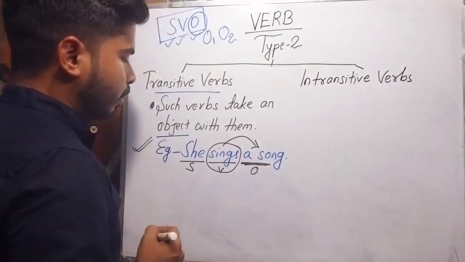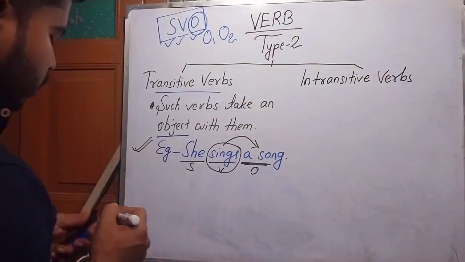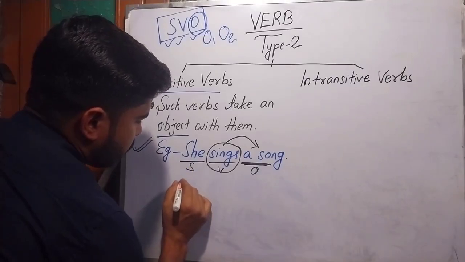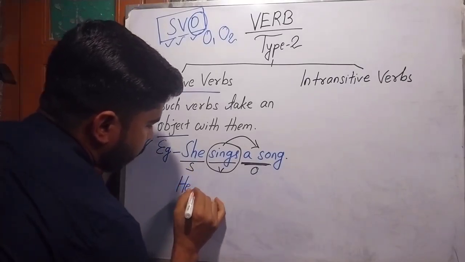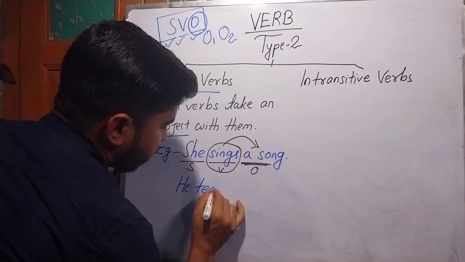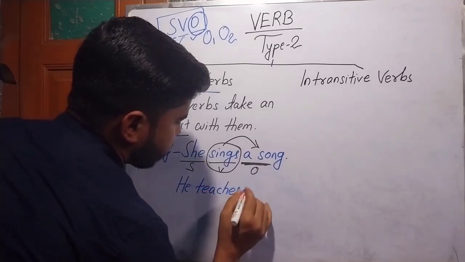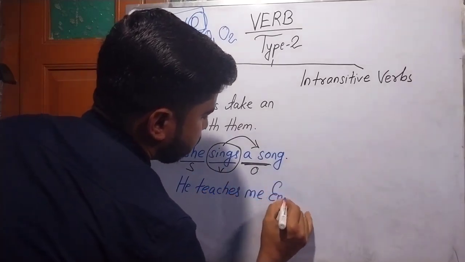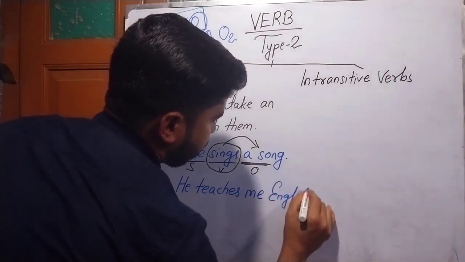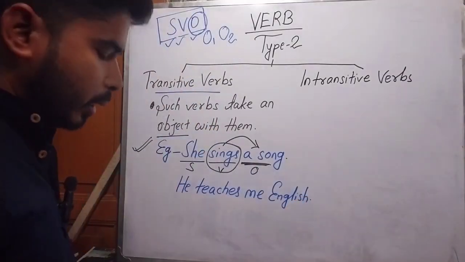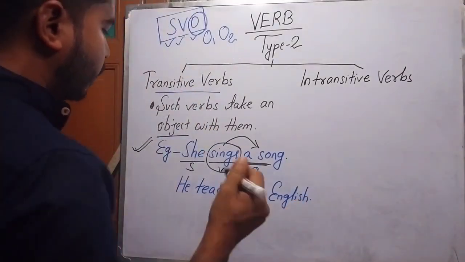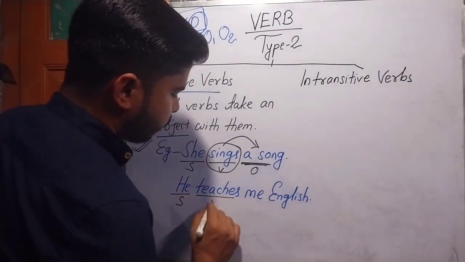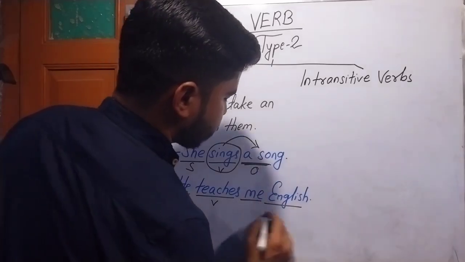Okay, let's take another example. I can write: He teaches me English. He teaches me English. Okay, so what is the subject here? The subject is he, and teaches is the verb, and there are two objects.